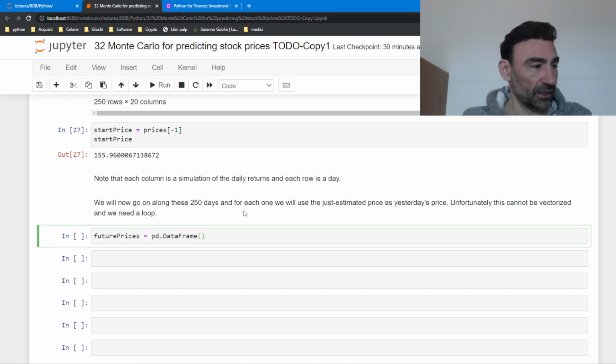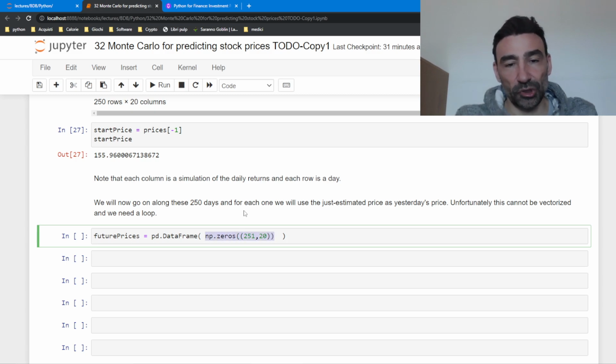This creates an empty data frame. I want it to be for the moment full of zeros. How do I build a data frame full of zeros? I have to use the NumPy zeros. This creates a matrix full of zeros with 251 rows and 20 columns.